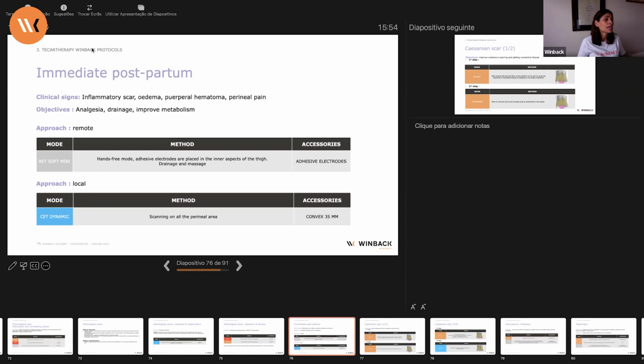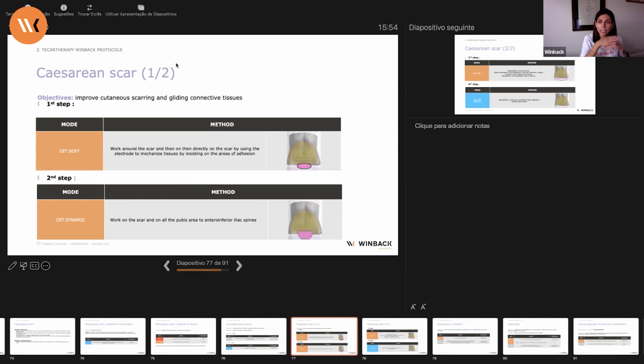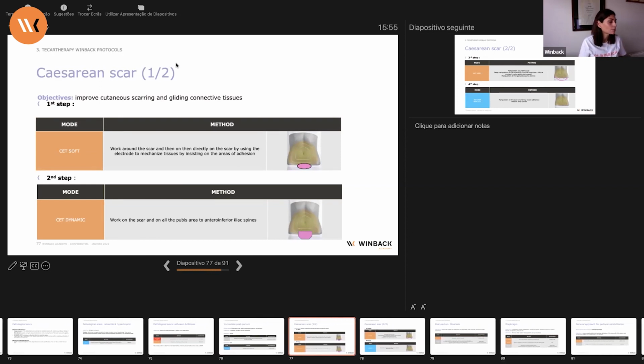Low intensity, scanning all the perineal area, but not doing many stimulations with the electrode, okay? We use the convex with 35 millimeters because of the analgesic feeling of the mechanical effect of the electrode.